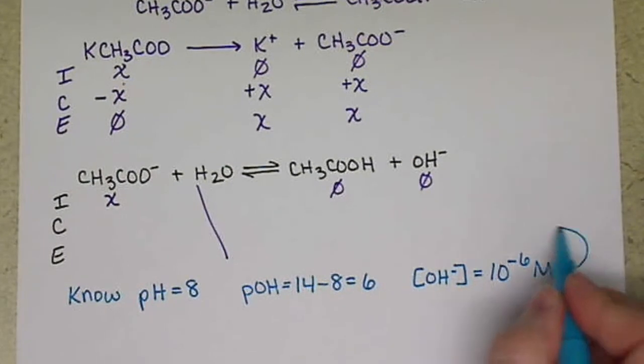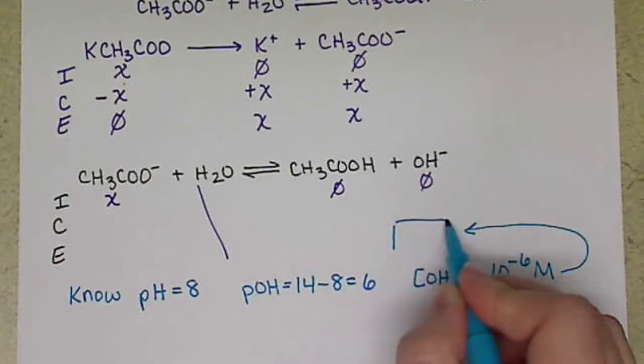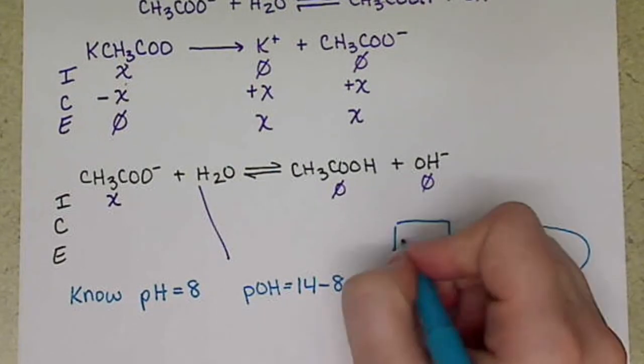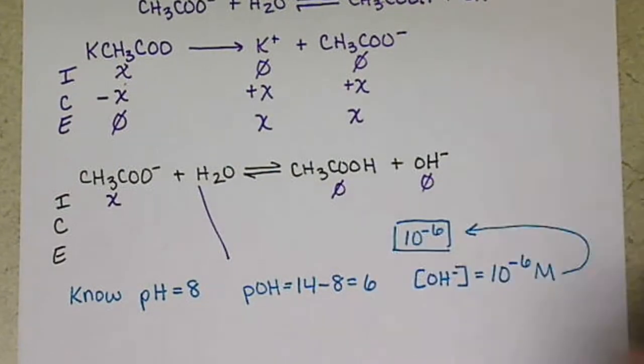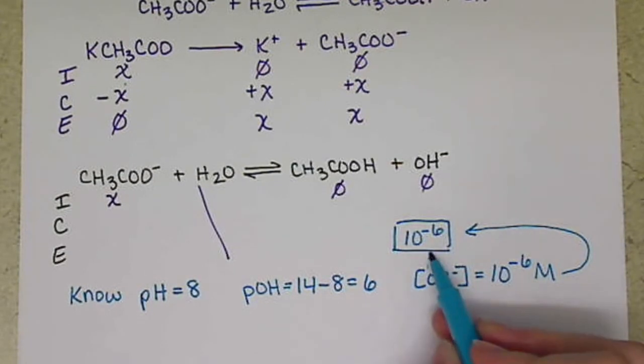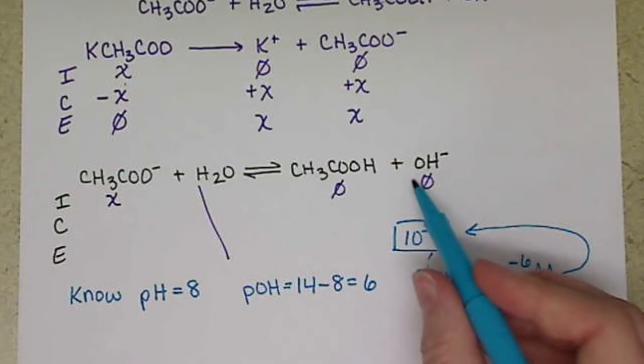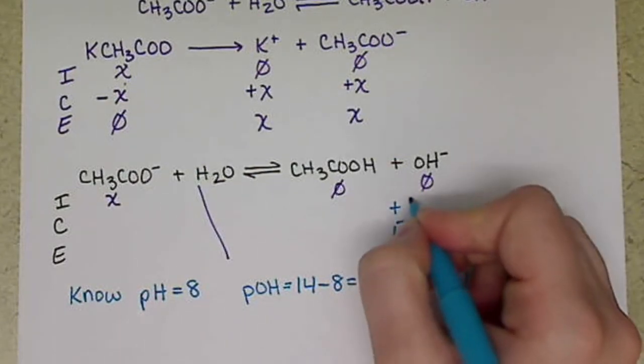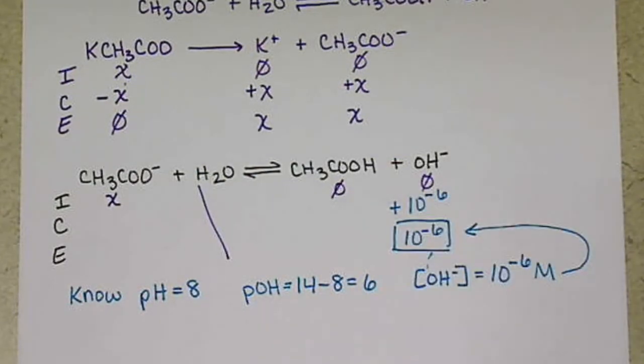So that's what we know goes here for our ending concentration. We know that this is 10 to the negative 6. If this is 10 to the negative 6, that means our change was plus 10 to the negative 6.